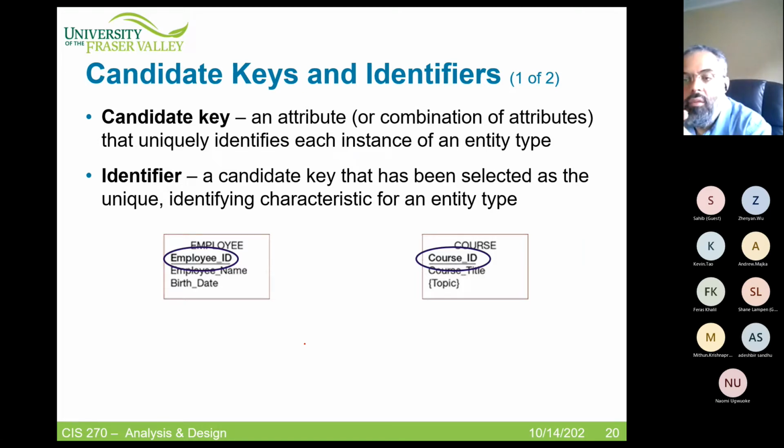So you have two choices: either you choose employee ID as an identifier, or you choose the employee name and date of birth as identifier. They are candidates to be the identifier. So with a candidate key, you will have more than one choice. The identifier is the one that you have chosen to be the final identifier for this table or this entity type.